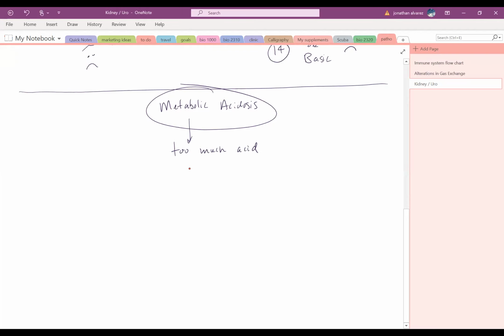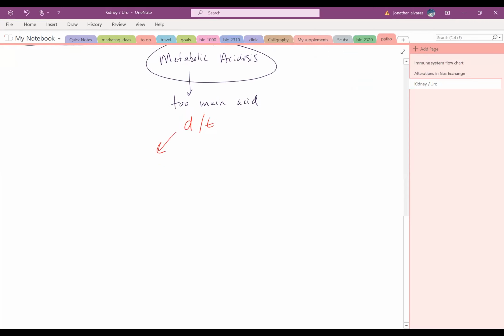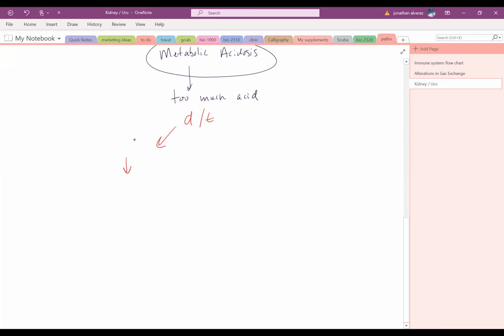All right, and this will be due to a decrease in bicarbonates. Okay, so HCO3 is a bicarbonate. Okay, so you have decreased bicarbonates.